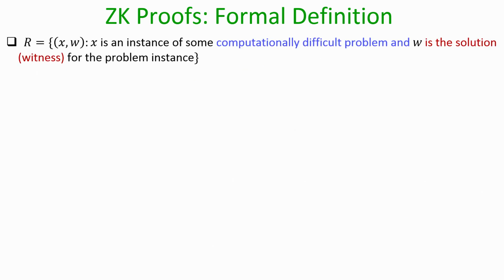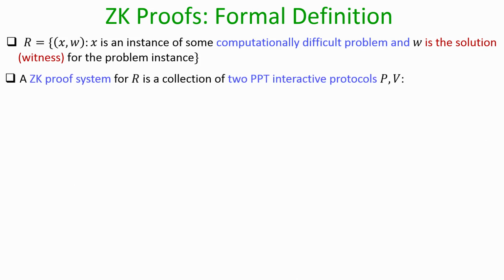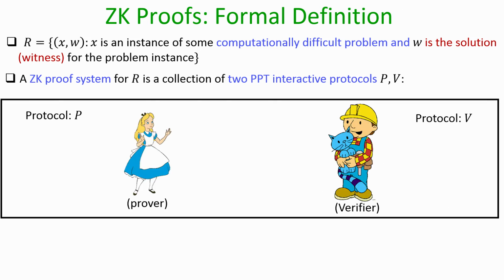Now, let us go into the formal definition of zero knowledge proofs. We are given some publicly known relation R which will have elements of the form x comma w, where x is an instance of some computationally difficult problem and w is the solution or the witness for that instance. Then a zero knowledge proof system for the relation R consists of two polynomial time randomized algorithms, one for the prover and one for the verifier.